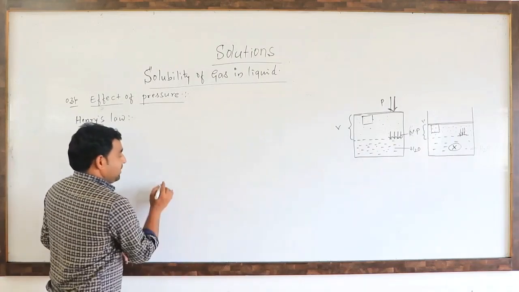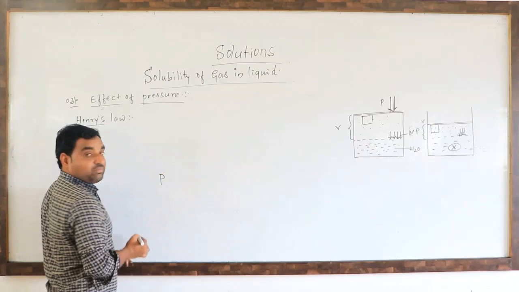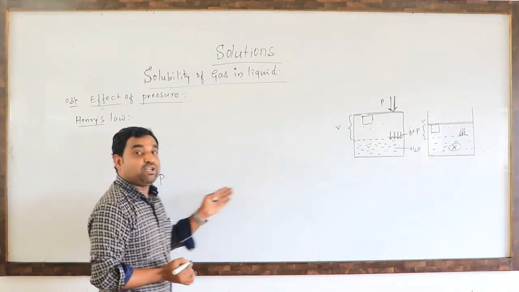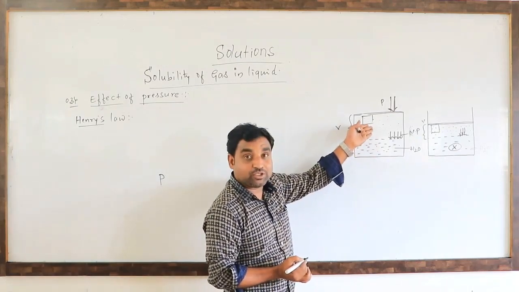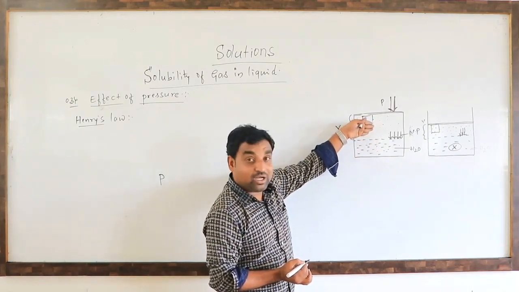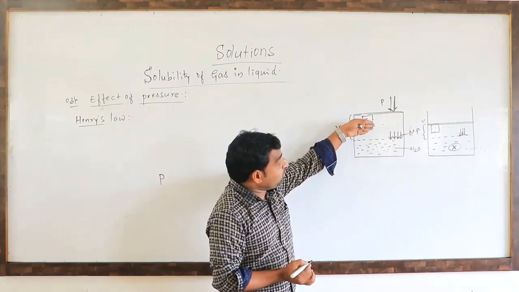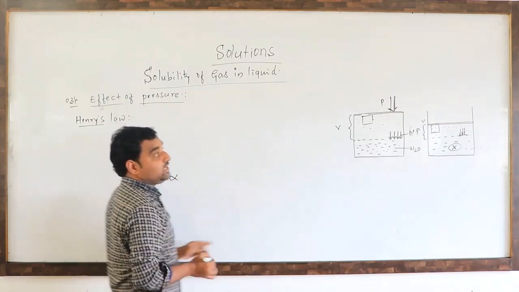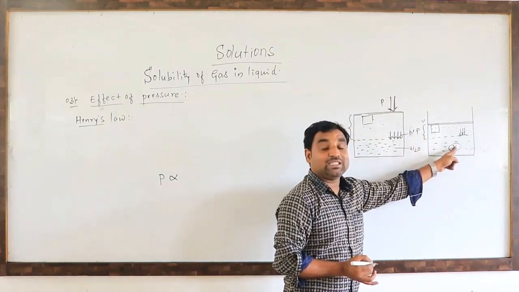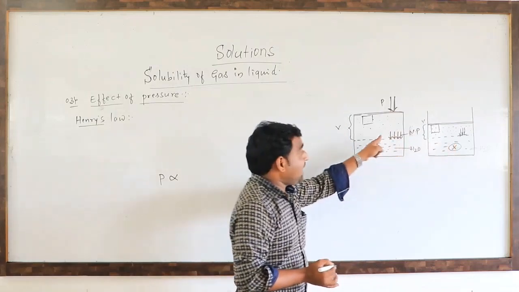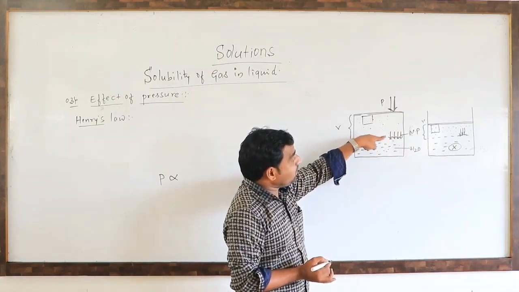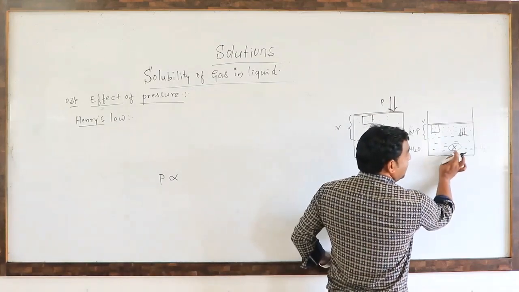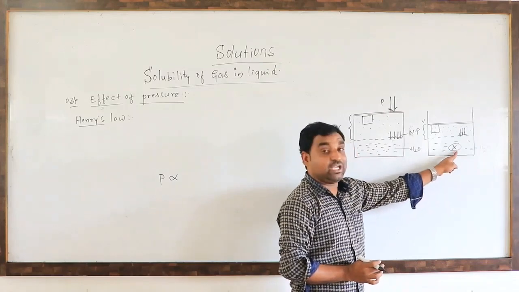So that is partial vapor pressure. The partial vapor pressure of the gas above the surface of the solution is directly proportional to the mole fraction of the gas in the solution.